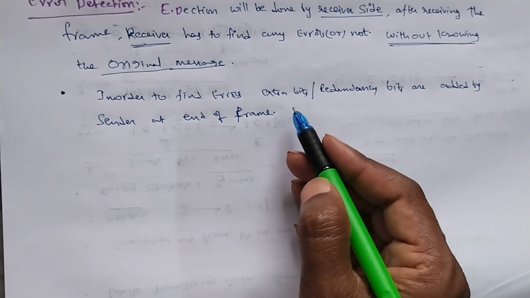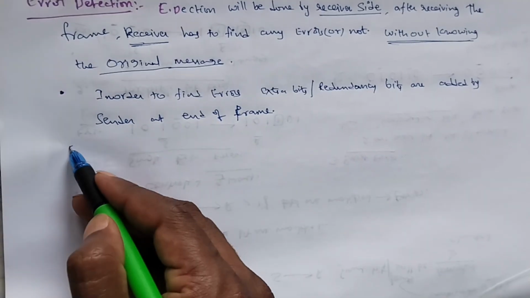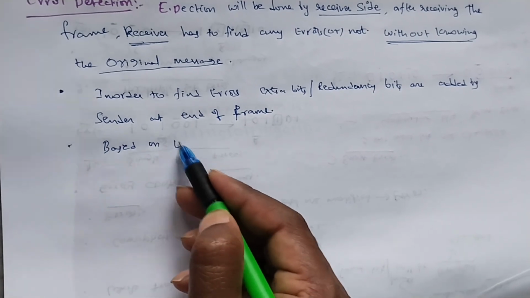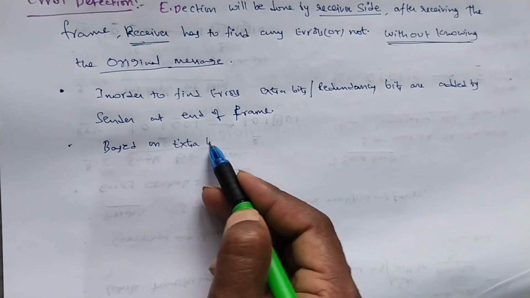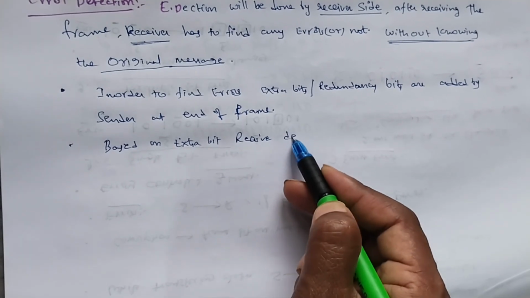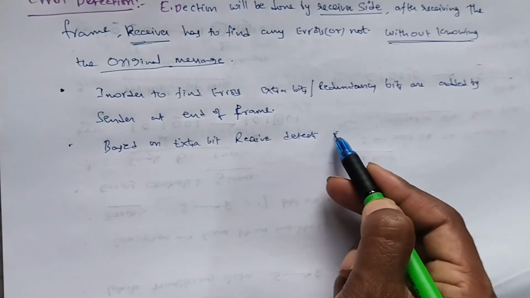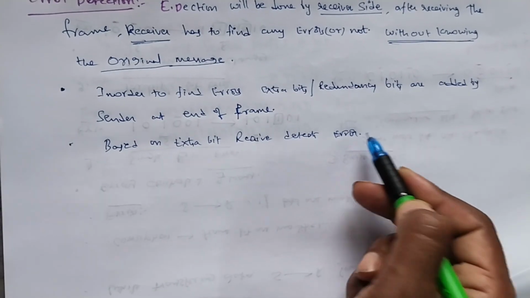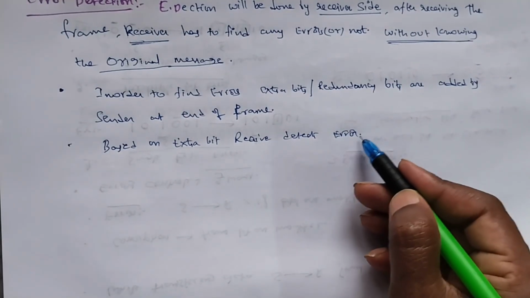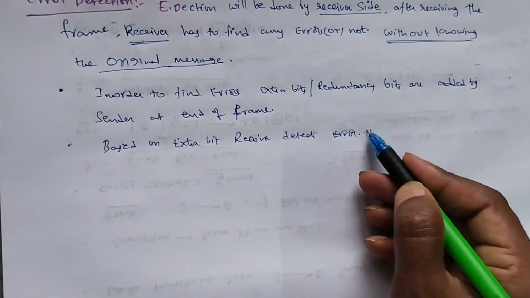This is called error detection. Based on the extra bits, the receiver detects the error.